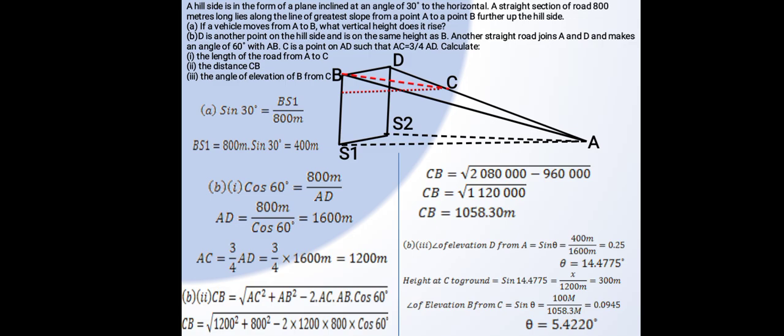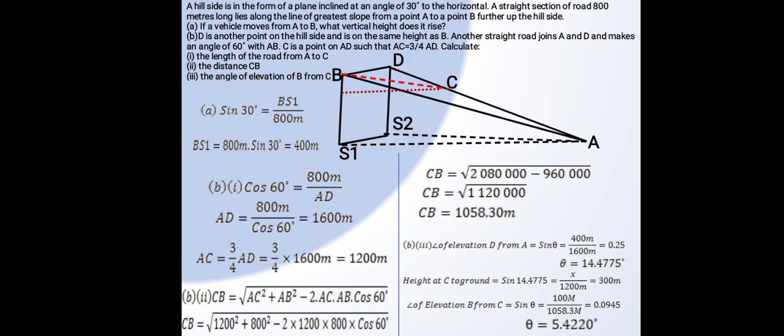This means that S1A and AB form an angle of 30. So you can use the sine rule to calculate the distance the car moves from A to B. That is sine 30 is equal to the opposite side over the hypotenuse. So AB becomes the hypotenuse, which is 800.